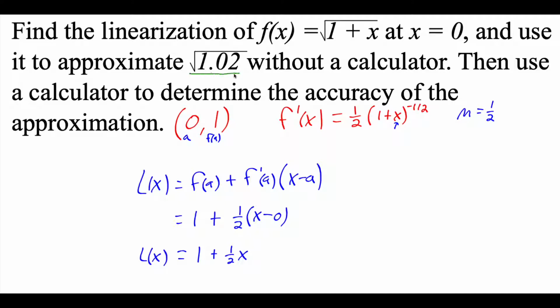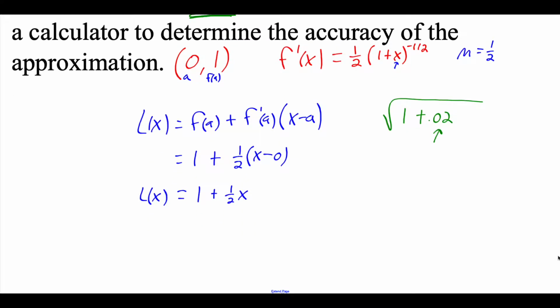Now, if we want to approximate what the square root of 1.02 is, then what we're looking at underneath that radical is really like having 1 plus 0.02. So the x value for this function that we're looking at is this 0.02. We're going to take this linearization function that we just got, and use that x value of 0.02.